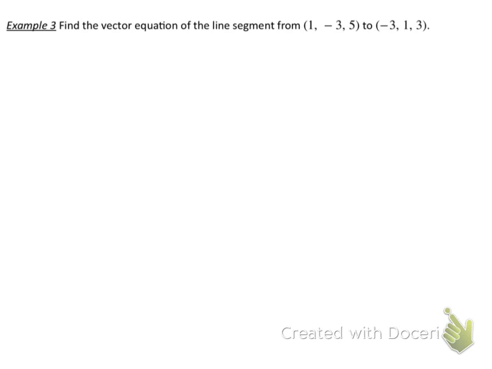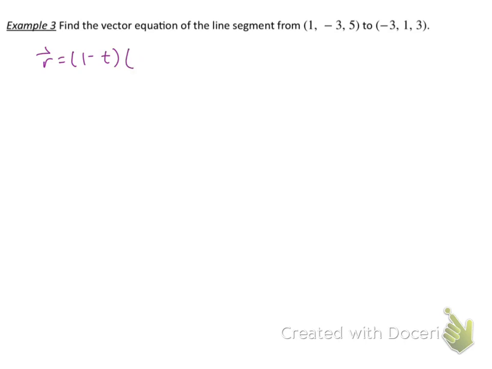Next example, we want to find the vector equation of the line segment from (1, -3, 5) to (-3, 1, 3). So r is, when t equals 0, the initial point is this.